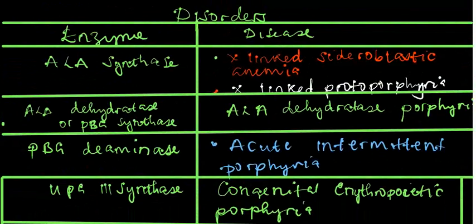Because of these porphyrins, they can cause nerve and skin problems. Some of the causes found can be passed on from parents to their children. We call them hereditary because they can be passed on from parents to their children.